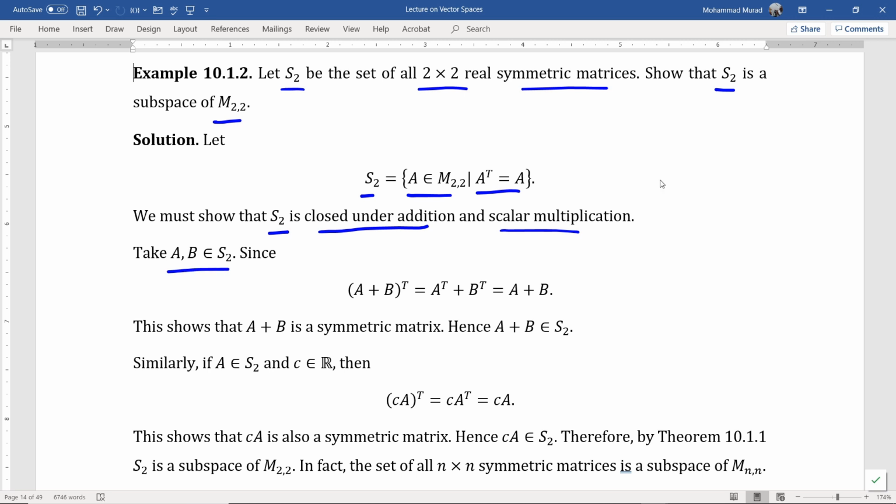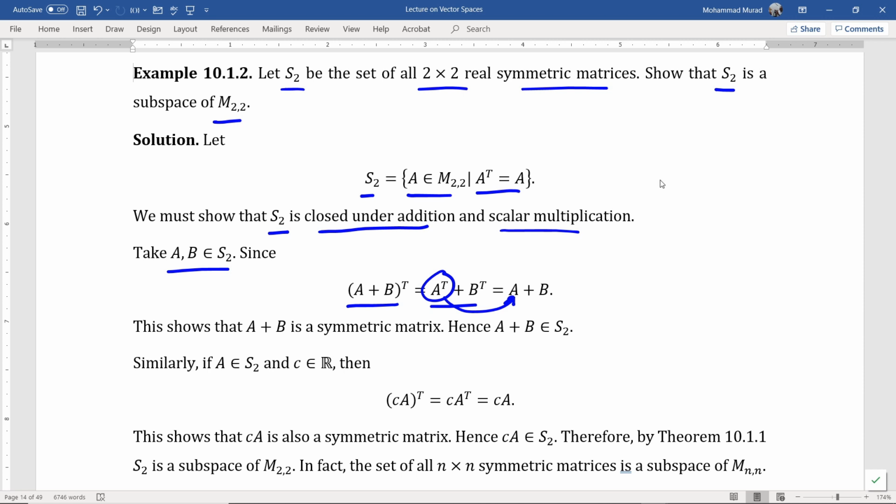Since the transpose of the sum of two matrices is equal to the sum of their transposes, then we can replace the transpose of A by A, since A is symmetric.